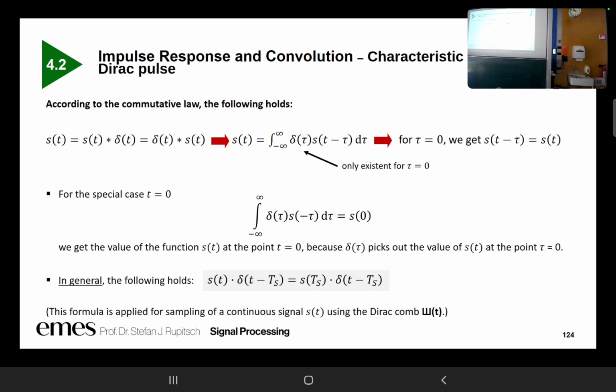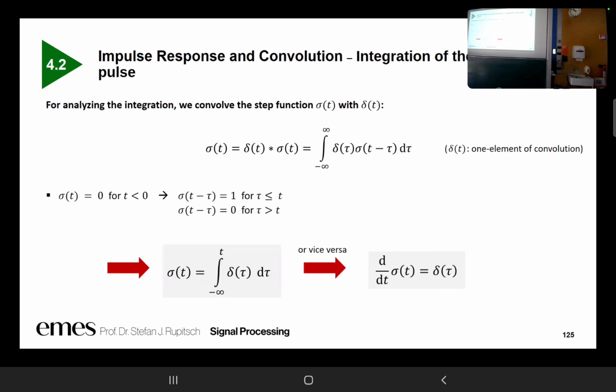We do not get the shifted version of our output signal, we get the output signal at another time position, and that's the idea of sampling, and that's the reason why we use a Dirac comb. A Dirac comb is equal to this sum of time-shifted Dirac pulses, and we will discuss this in chapter 5.